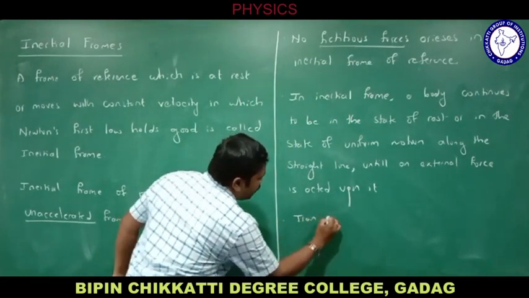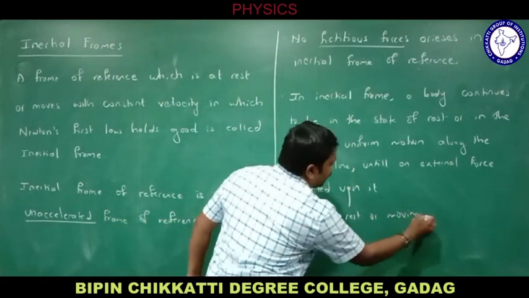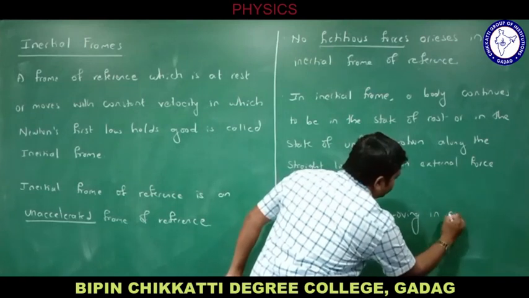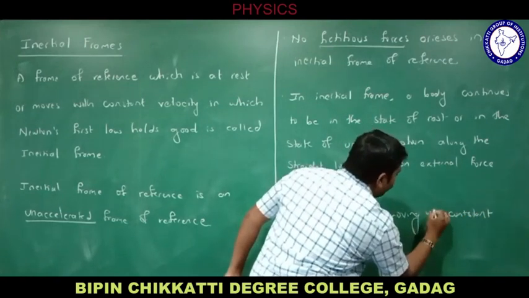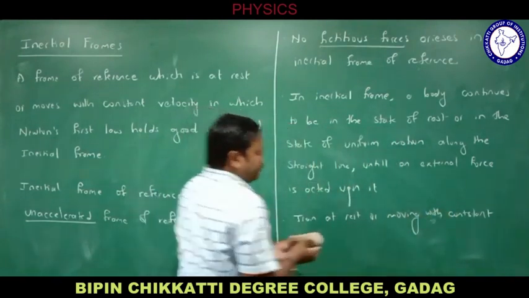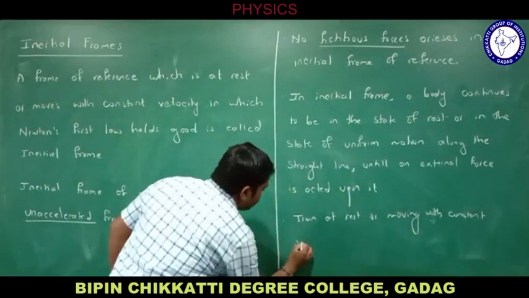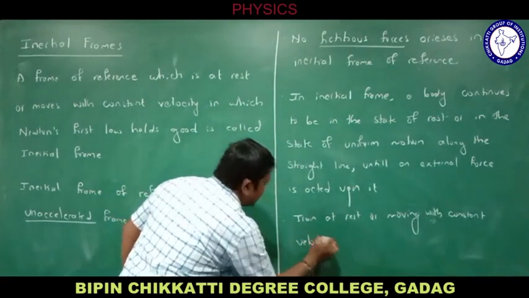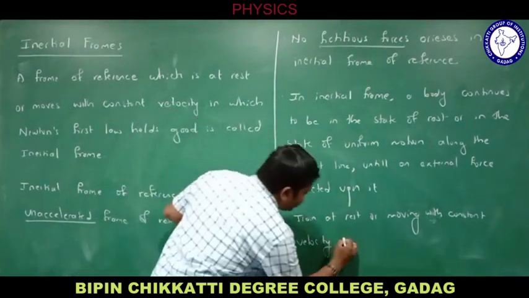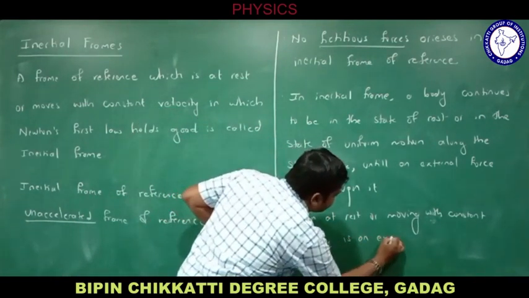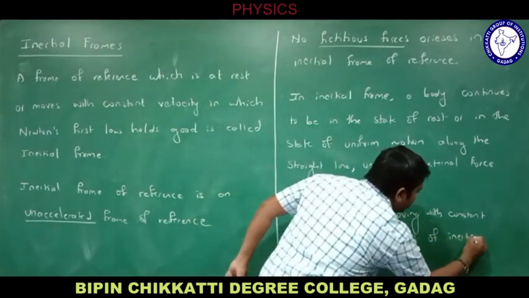A train at rest or moving with constant speed. Since it is moving in a straight line, let me replace it by velocity. A train at rest or moving with constant velocity is an example of an inertial frame.